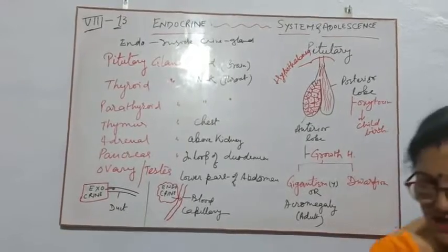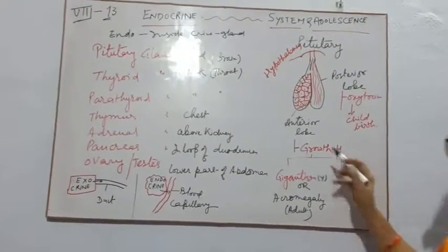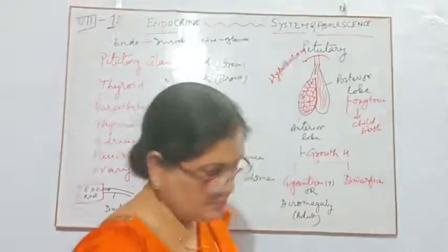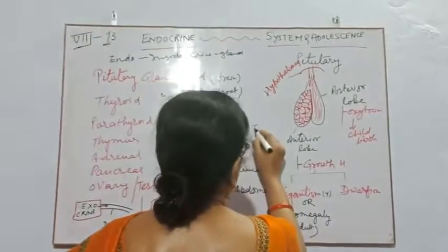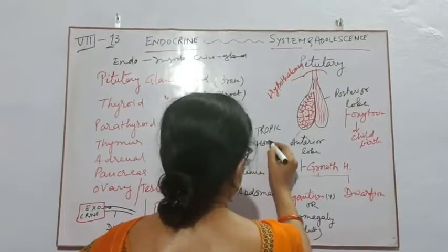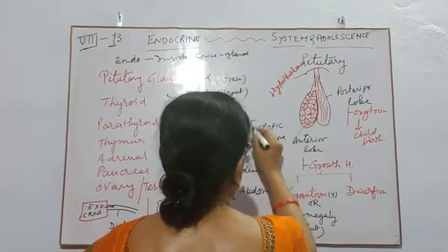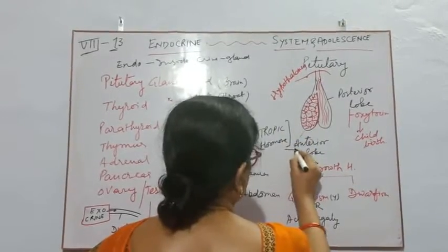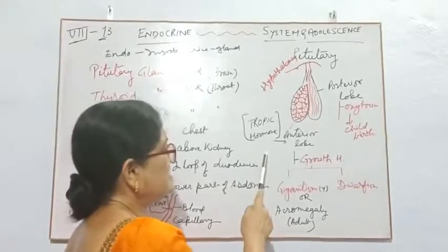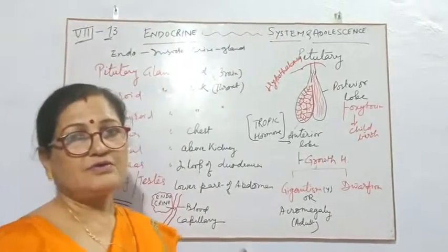Now children, one name I want to tell you: all the hormones released from the anterior lobe are known as tropic hormones.